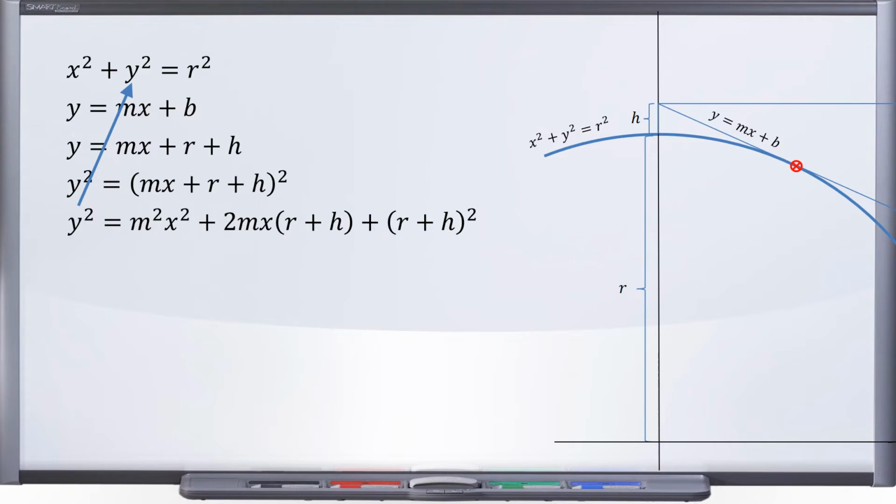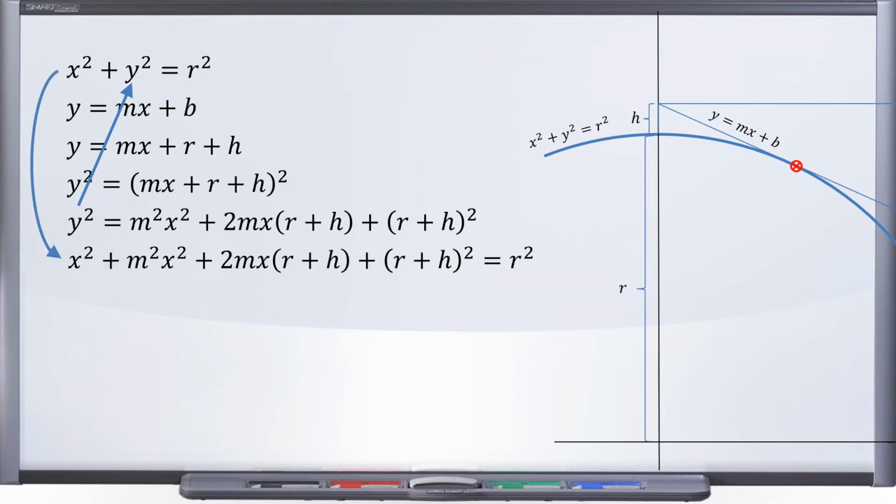So we'll take the y we got from the line and stick it into the y we want for the circle and see if we can solve for an x that'll give us that. Okay, that gives us this. We now have an equation that involves x. Let's solve it for x.